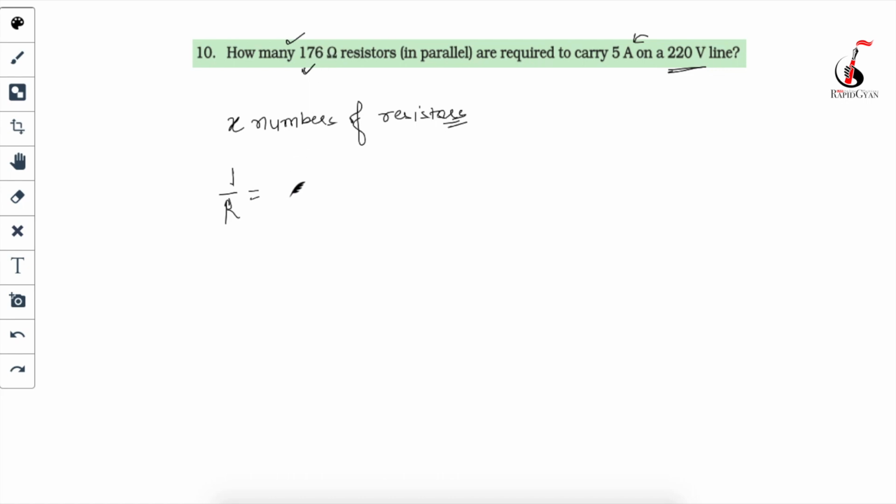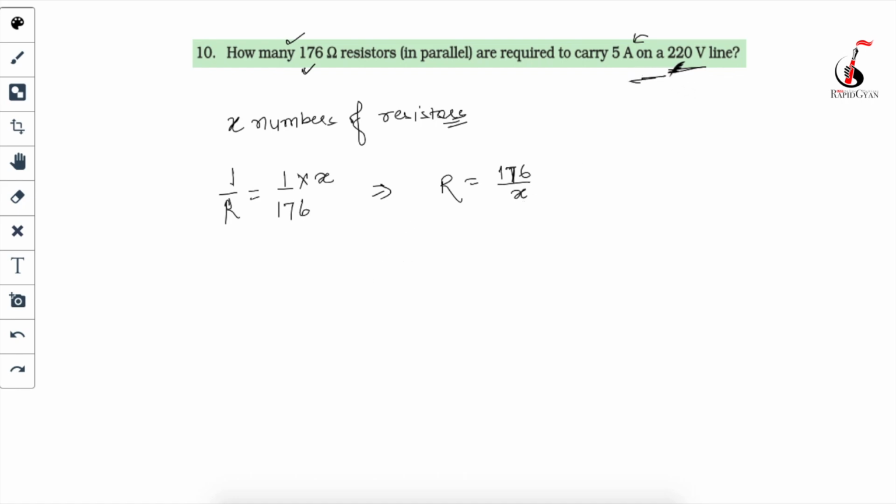It's 176, so this will become 1 upon 176, correct? And how many resistors are there? X. So this will be multiplied by X, correct? So from here the value of R will become 176 upon X, correct?